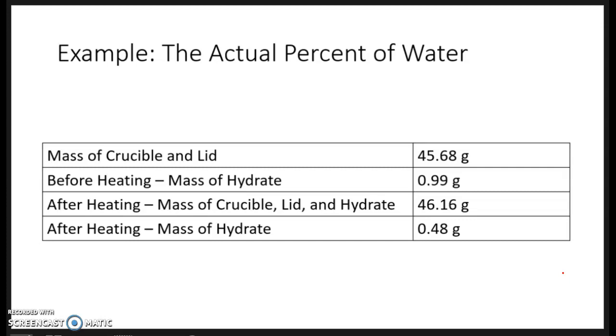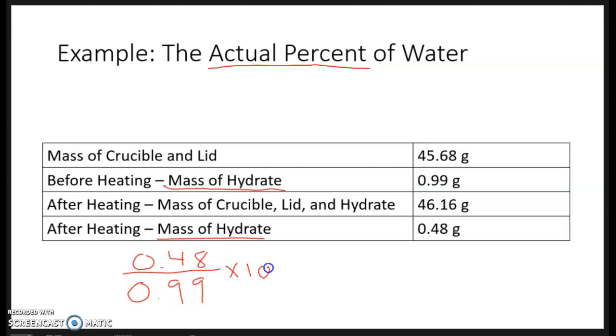But essentially, in order to get the actual percent of water, what you want to do is take the mass of the hydrate after heating, 0.48 grams, divided by the mass of the hydrate before heating, so that's 0.99, and we're going to multiply by 100.